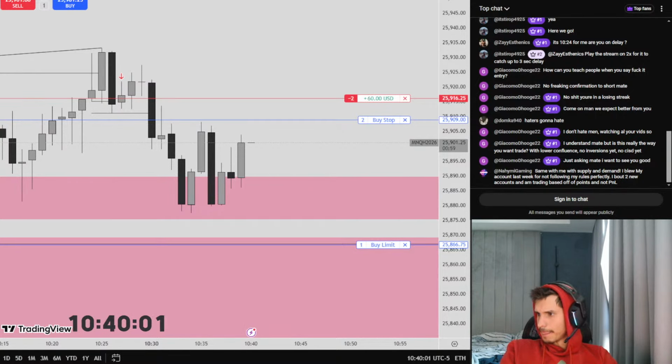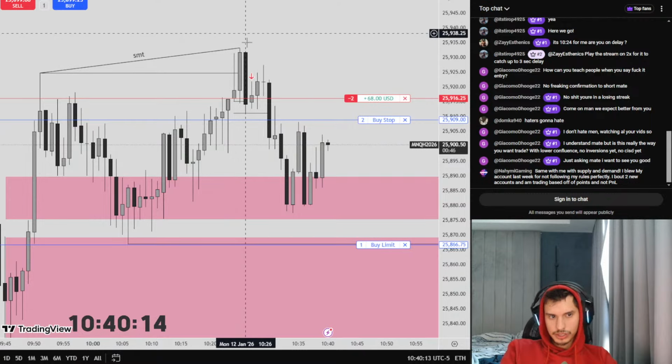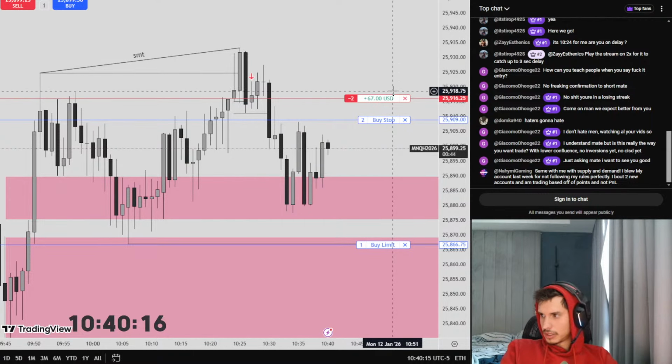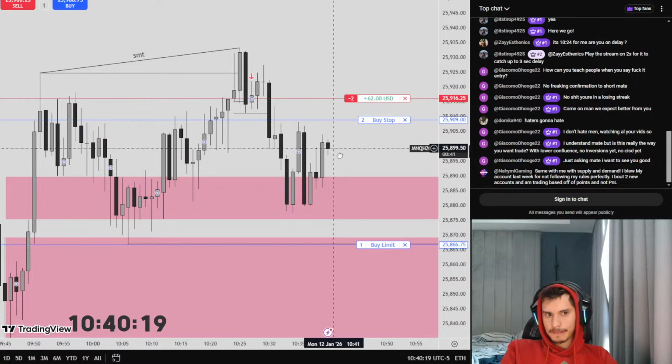Like I said, I'm willing to give it a stab. Previously, when we saw the sweep of liquidity, I said what I wanted to happen: liquidity sweep with CRT, with SMT, and it happened. So why not give it a try?